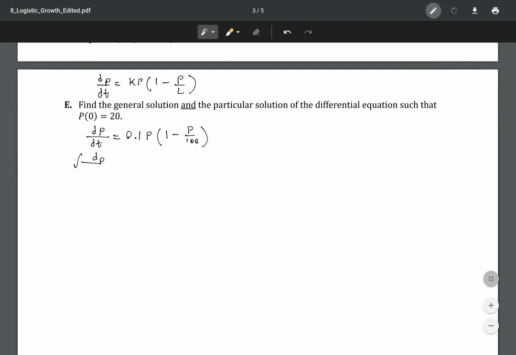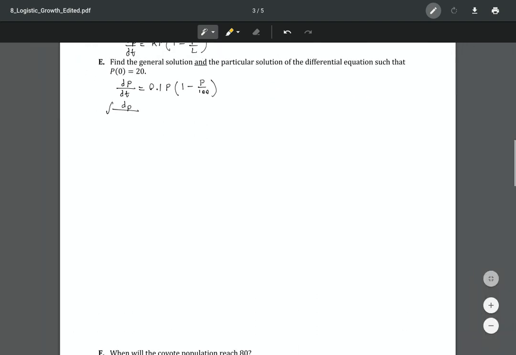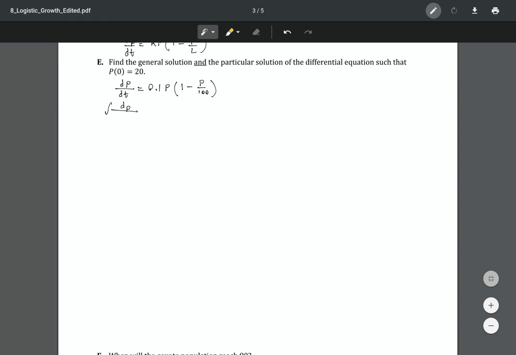So we have dP over P(1 minus p over 100) is equal to the integral of 0.1 dt on this side.